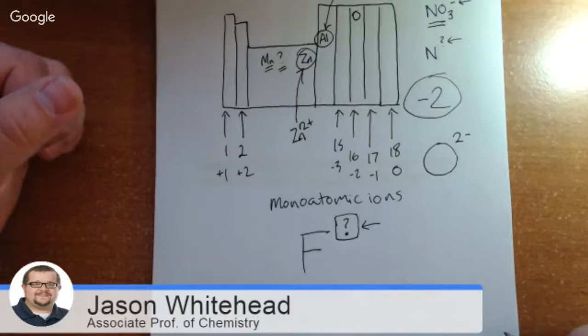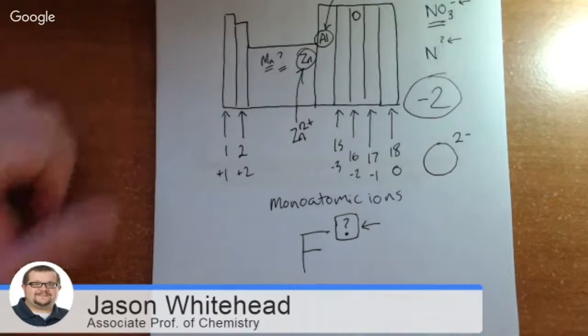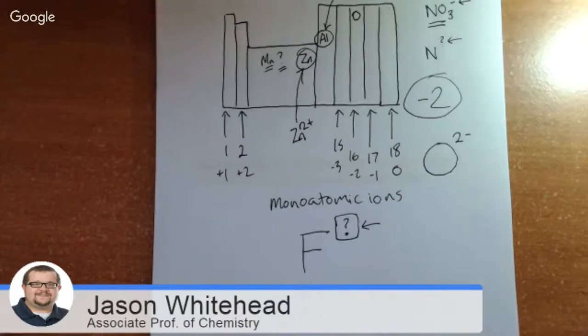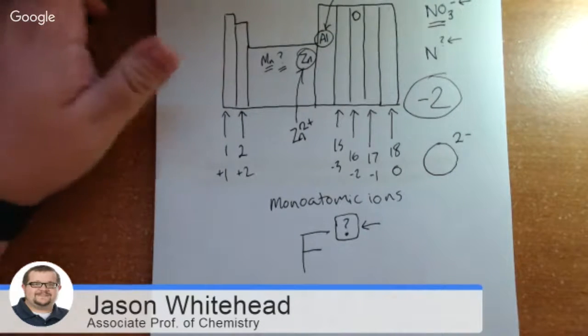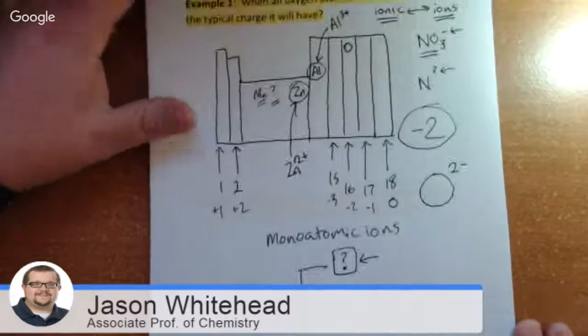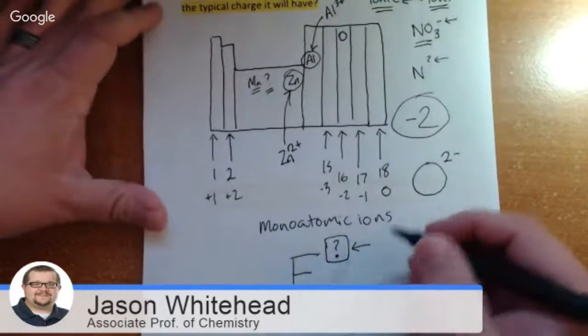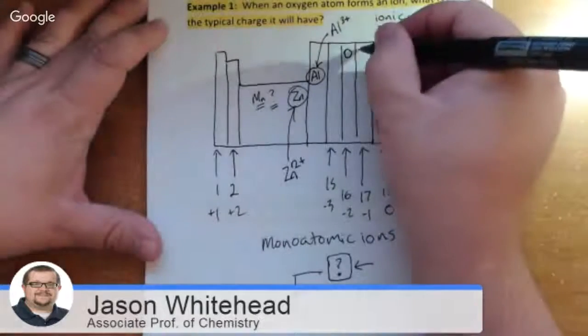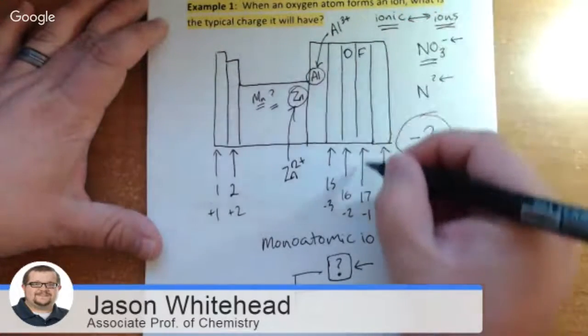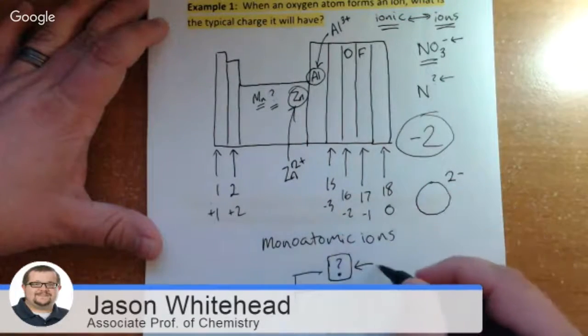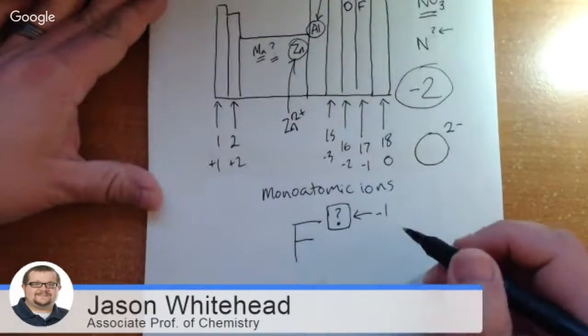Just go ahead and type it out in chat. Good. Okay, so I'm getting a couple of -1s, and that's what you would be looking at. Fluoride is in group 17, so that's going to be a -1 charge. We'd pop in a -1 charge for this F.